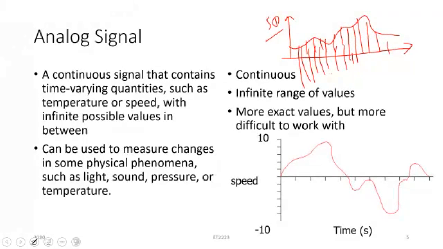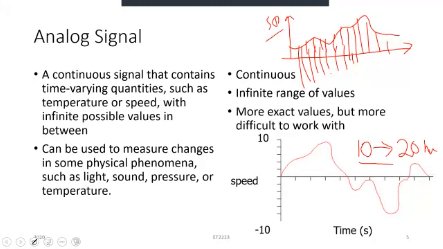Then the other point is analog signals will have an infinite range of values. So say, if you increase the speed of your vehicle from 10 kilometers per hour to 20 kilometers per hour, when you are increasing the speed, you will increase through all the possible values between 10 and 20.